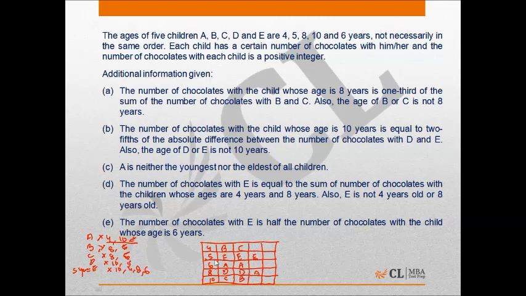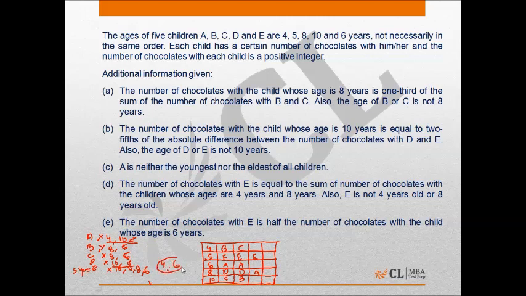Instead we can consider the age of D, which in that case cannot be 5, 10 as well as 8. So his age could be either 4 years or 6 years.